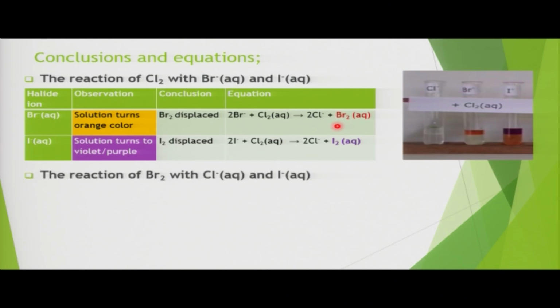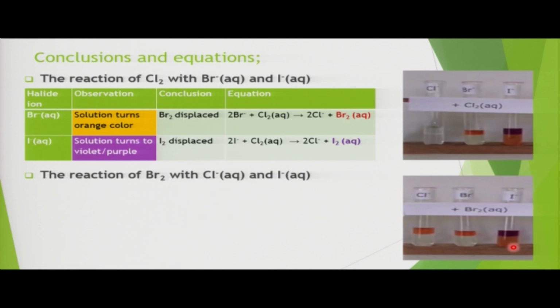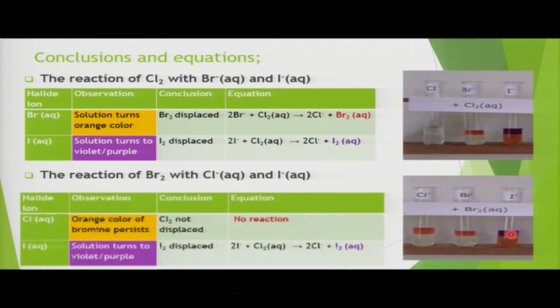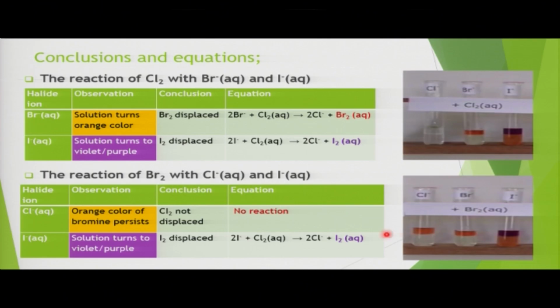What happens if we have bromine reacting with the chloride and the iodide? This is what we actually observed. Orange, orange, then purple. What is the reason behind it? When you add bromine to a chloride, the orange color still persists, indicating we do not have the chloride being displaced, or we do not have the chlorine being formed.